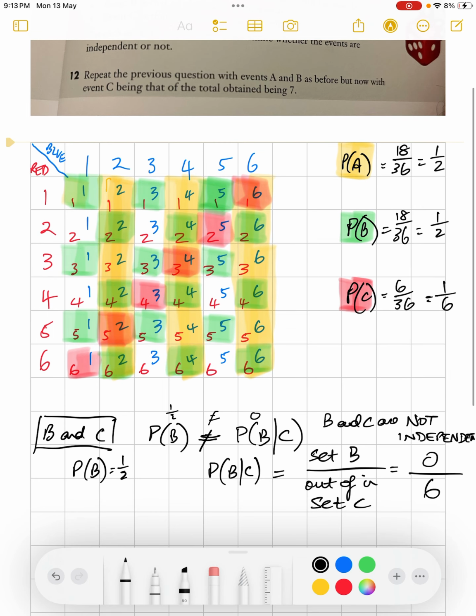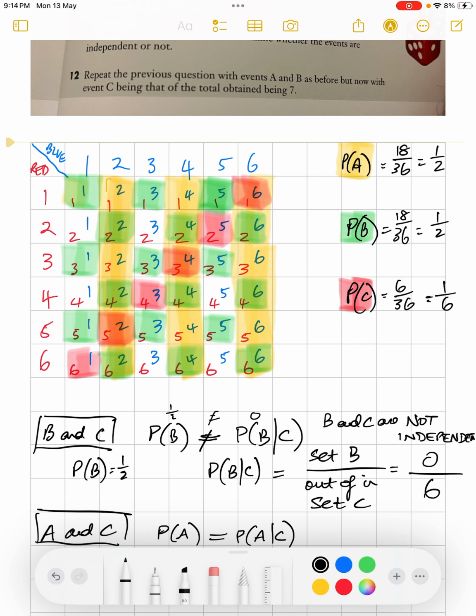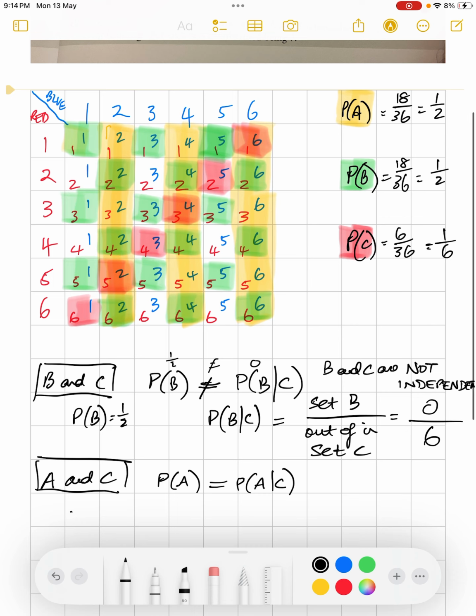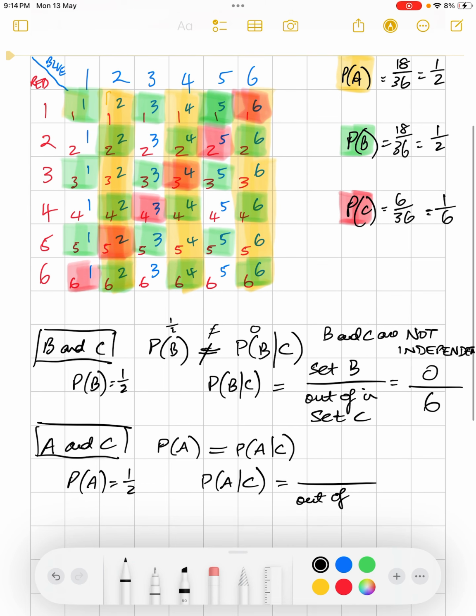All right, so let's look at A and C. Does the probability of A equal the probability of A given C? We've already established that the probability of A is a half. But what's the probability of A if C happens? Out of all of the red ones in set C, how many of those are in set A? There are 6 red. How many of those are yellow? That one there, 5 and 2.